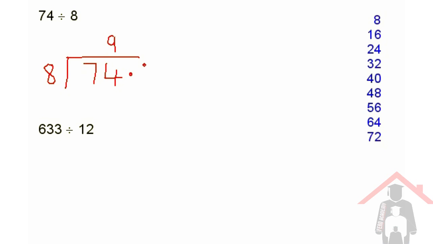I need to put 0.0 and put a point up here and then put my remainder of 2. 8 into 20 goes twice. I have a remainder of 4. I need to put another 0 and my remainder. 8 into 40 goes exactly 5 times. So my answer is 9.25.